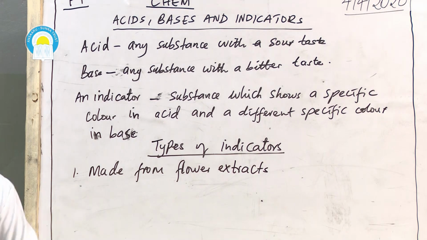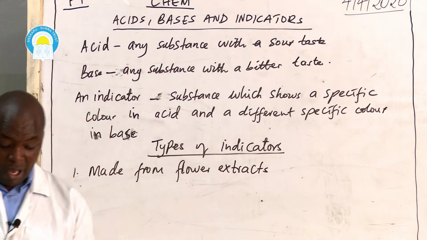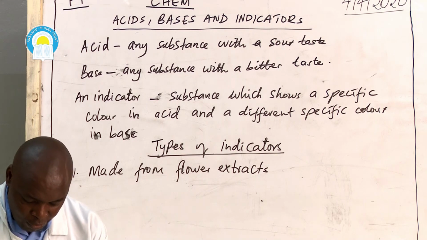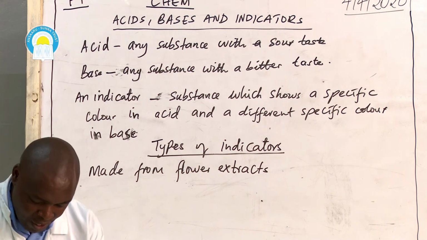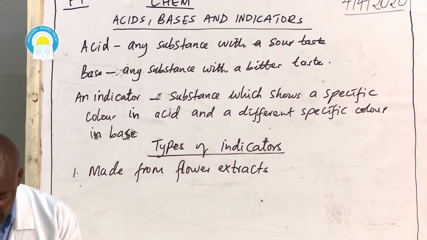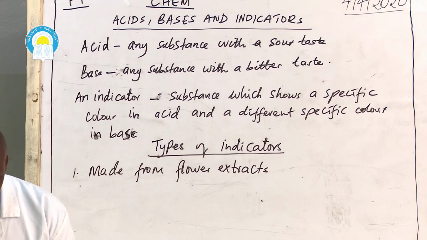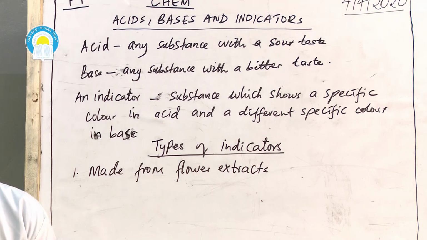The flower extracts we refer to are the flower petals. To make an indicator from flower extract, you take flower petals and put them in a mortar and crush them using a pestle.